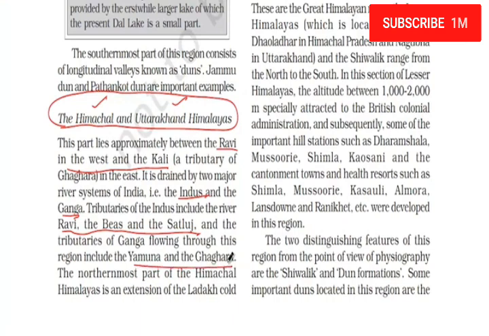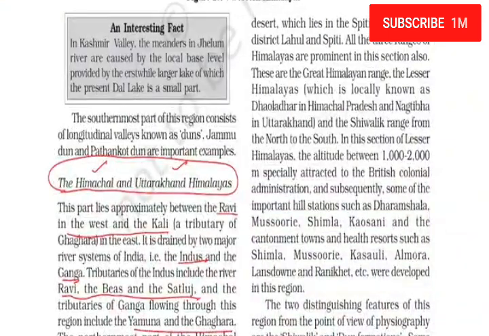The northernmost part of Himachal Himalayas is an extension of the Ladakh or cold desert, and here you have Spiti. Subdivision is not required but just see once. These are the great Himalayan ranges. The lesser Himalayan ranges here include the Pirpanjal ranges, which are present in Kashmir. Dhauladhar in Himachal Pradesh and Nag Tibba in Uttarakhand are also part of the lesser Himalayas.